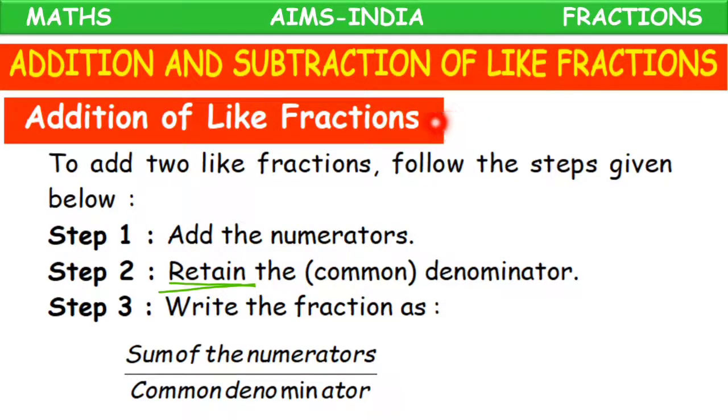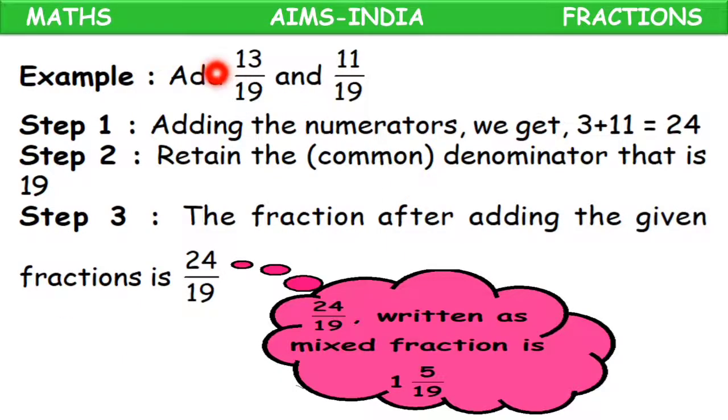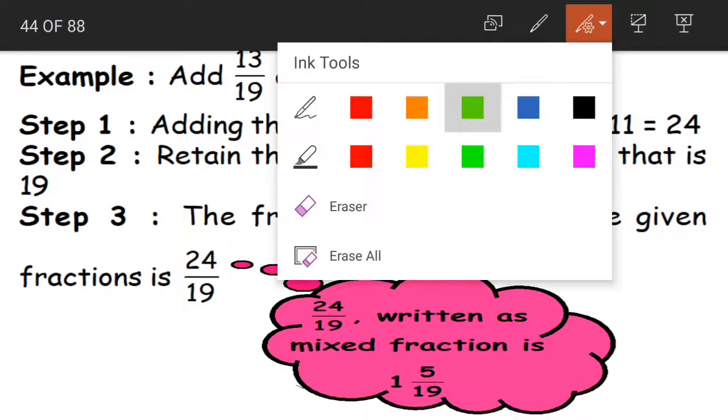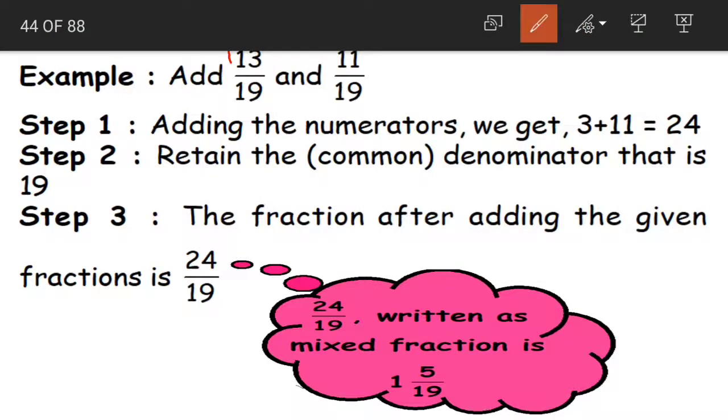So when we have two like fractions, suppose 13 by 19 and 11 by 19, what should we do first? We should add the numerators. 13 plus 11 will be equal to 24. Yes. Now after adding the numerators, this cannot be our final answer, right?